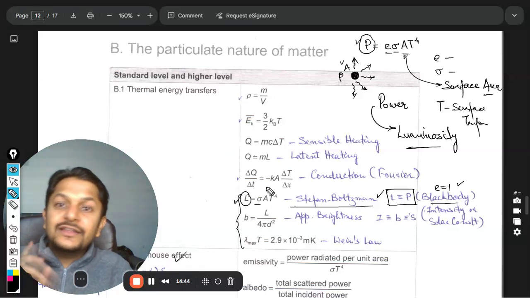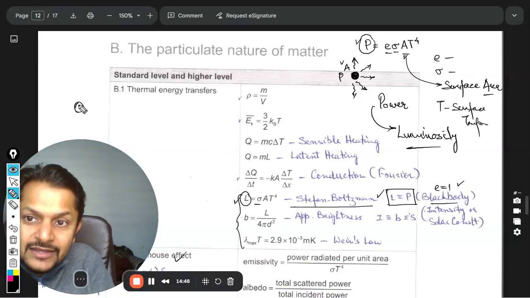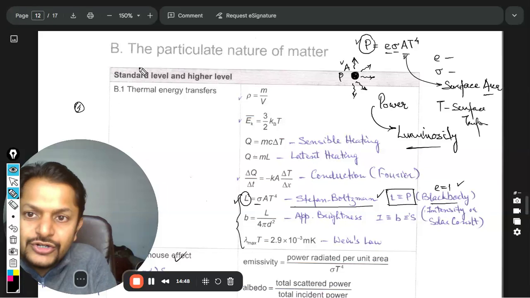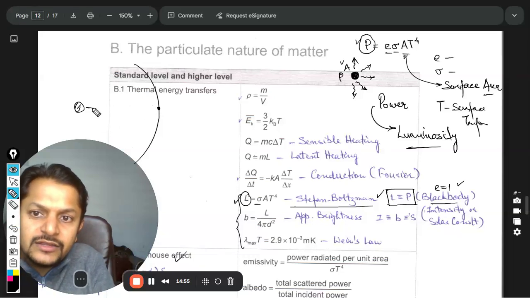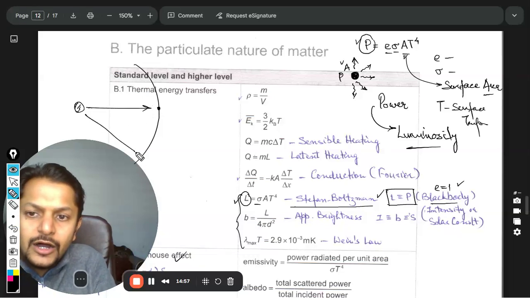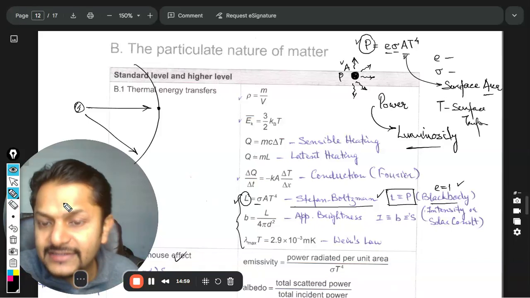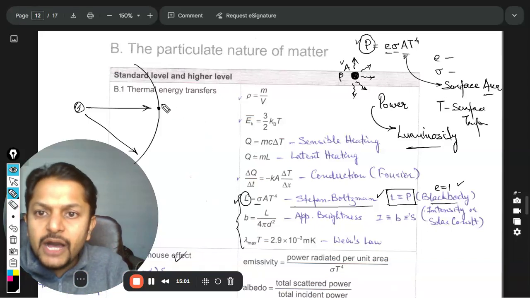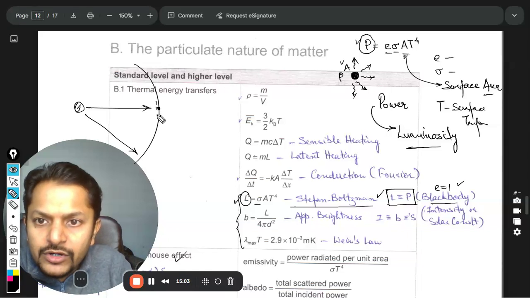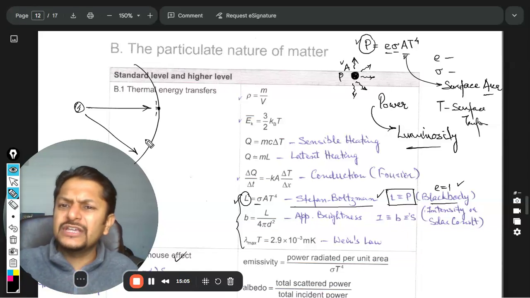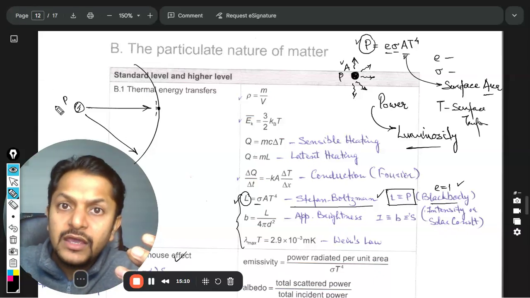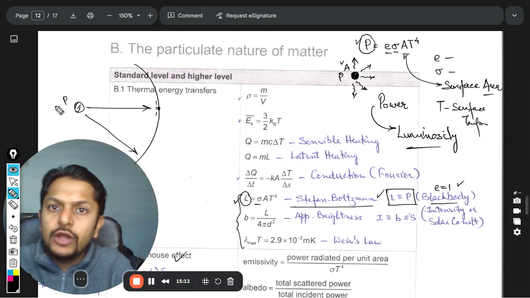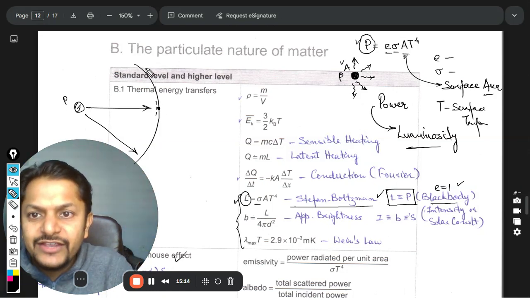Now, there is another thing. Let's say this is the sun and it is giving out some energy, but the earth is at this distance away from the sun. So when the sunlight is reaching earth, or it is going to somewhere else, the amount of power that earth is getting reduces, because all the power which is produced by sun is being shared in a very big volume or a very big surface area here.